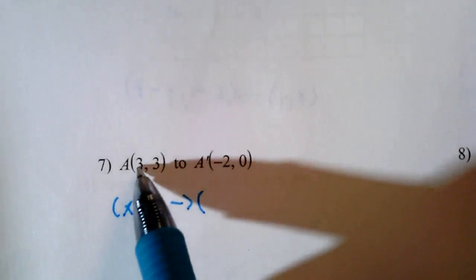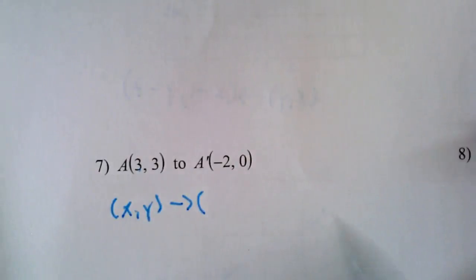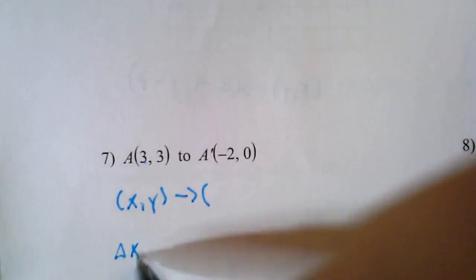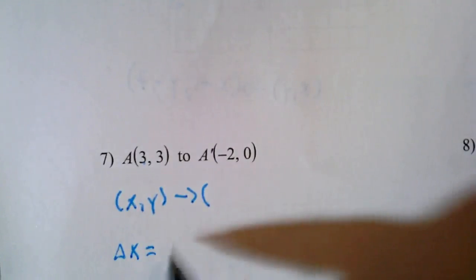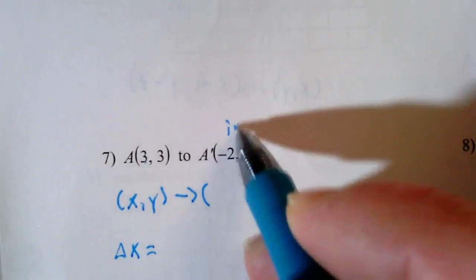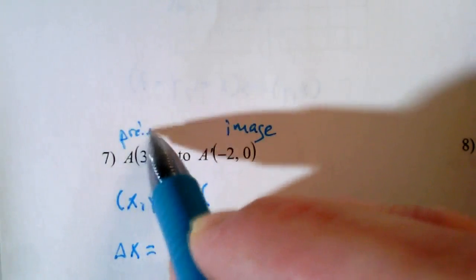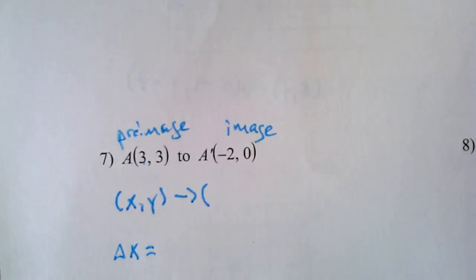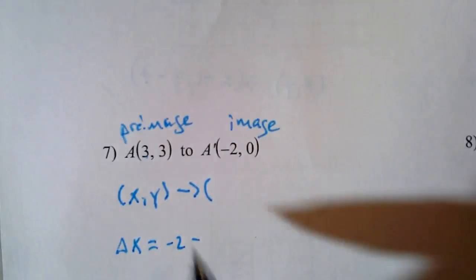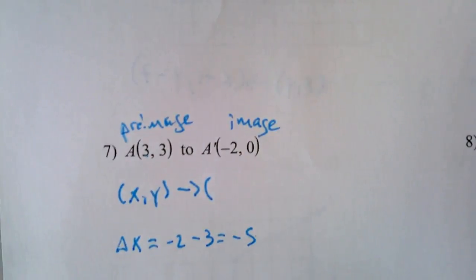The x-coordinate went from 3 to -2. So we could do our change in x is equal to end, because this is the image over here. Always end in the image, and we begin in the pre-image. So that's -2 minus 3, which is -5.